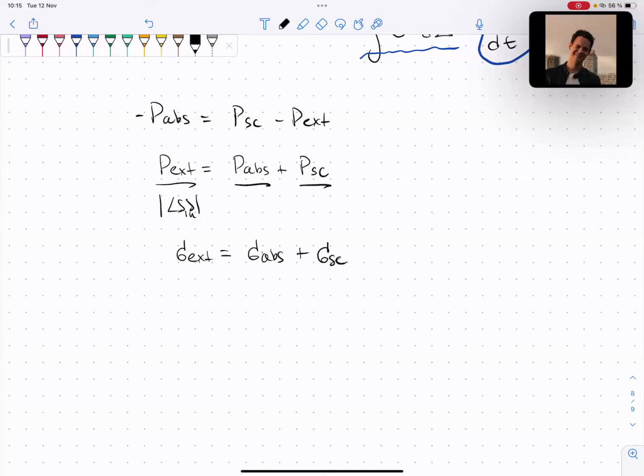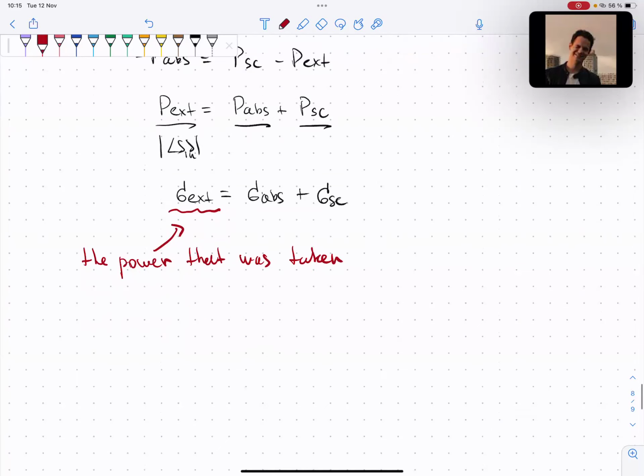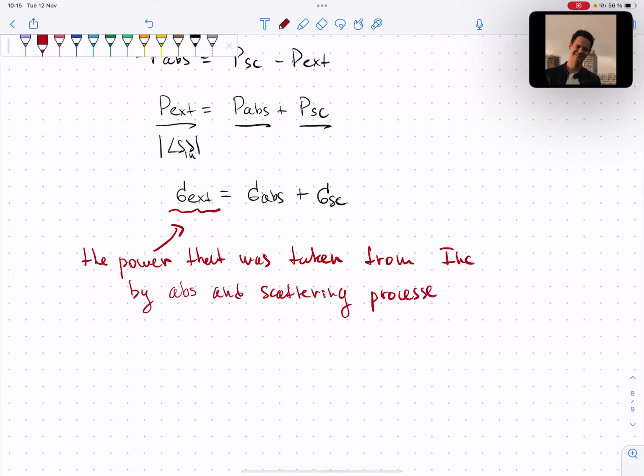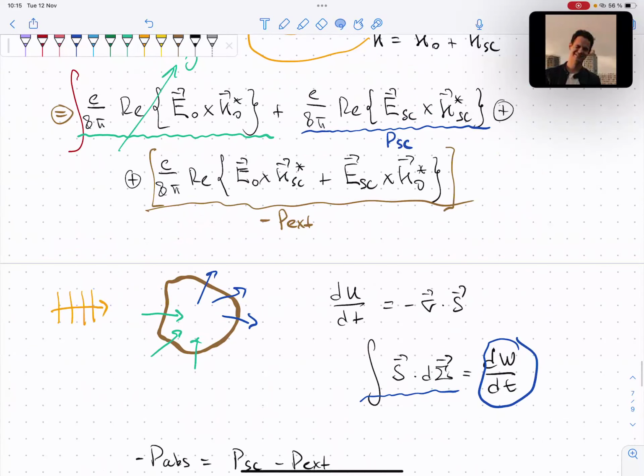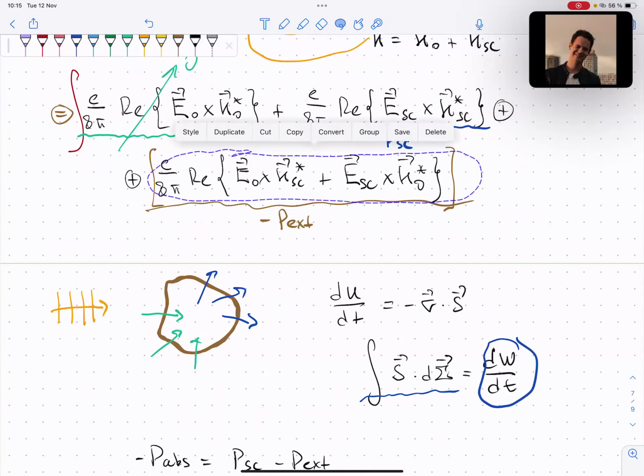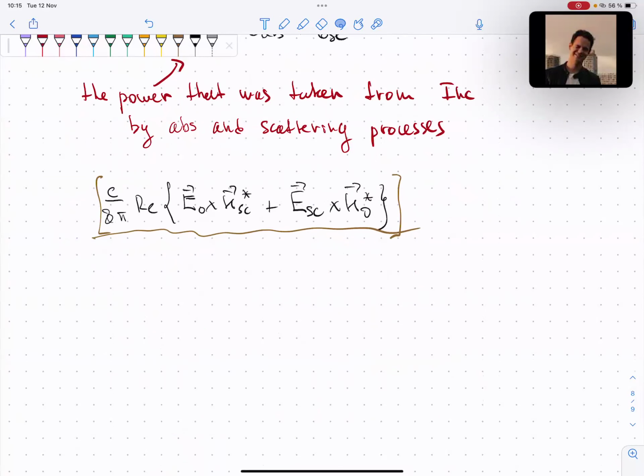This is the physical meaning of this extinction: the power that was taken from the incident field by absorption and scattering processes. And this power can be calculated in the following way.